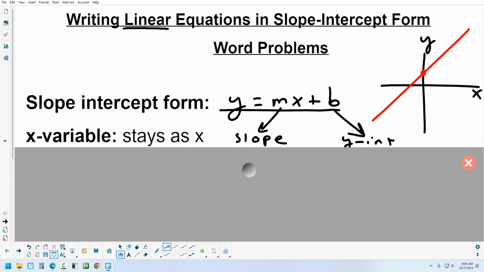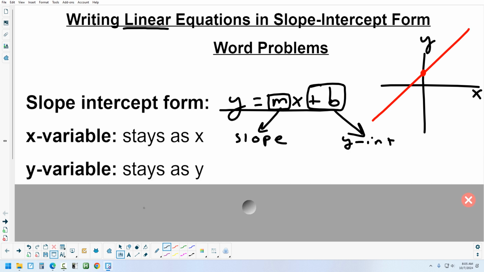So when we write an equation in y equals mx plus b form, those two arrows that I have pointing to these two letters have to change to numbers. The x, in a final answer, is going to stay as x, and the y is going to stay as y. I think you already have those two things written down.